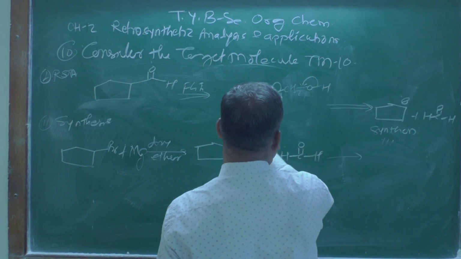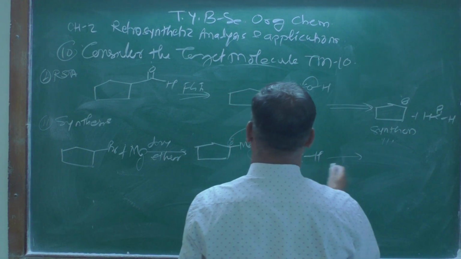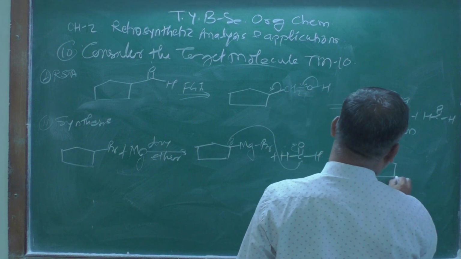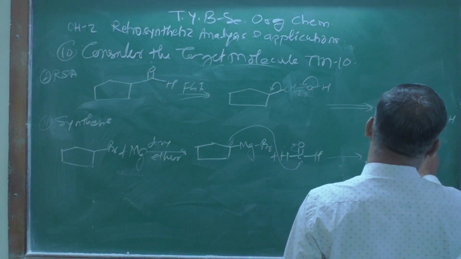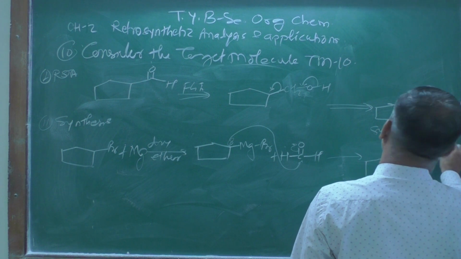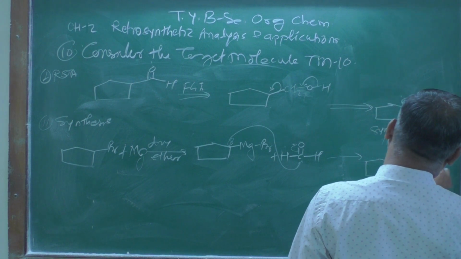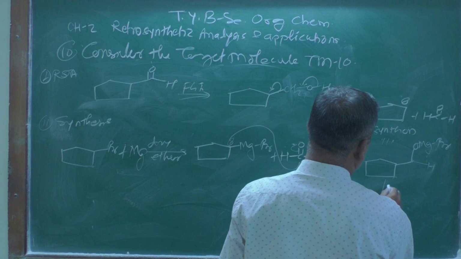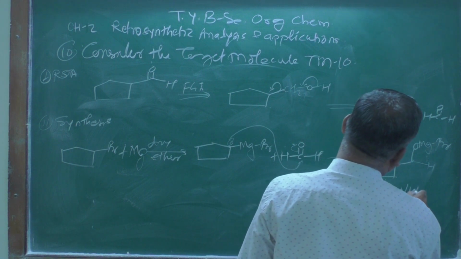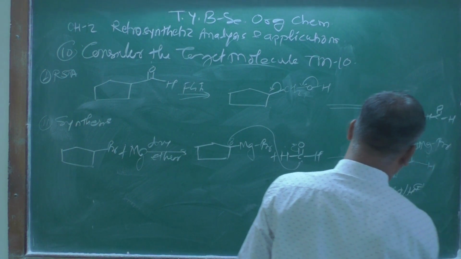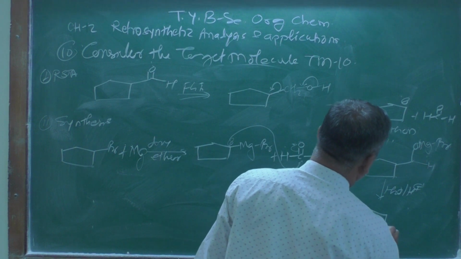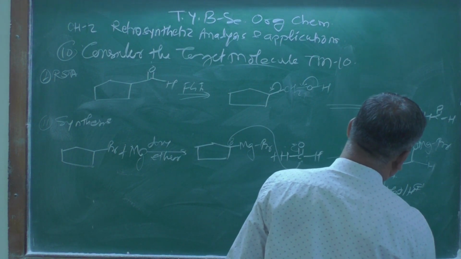Again, as usual, this is going to attack that carbonyl group. You are going to get over here OMgBr and this hydrogen atom, and just hydrolyze it with H2O in presence of H plus, this complex breaks, and you are going to get an OH.